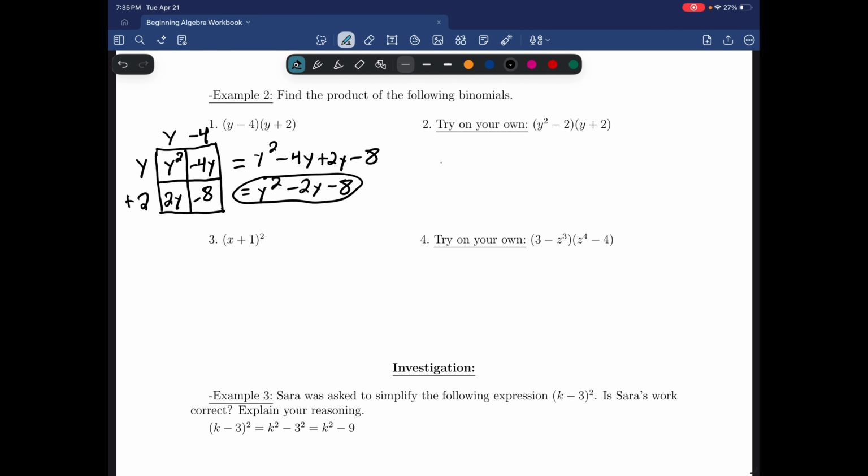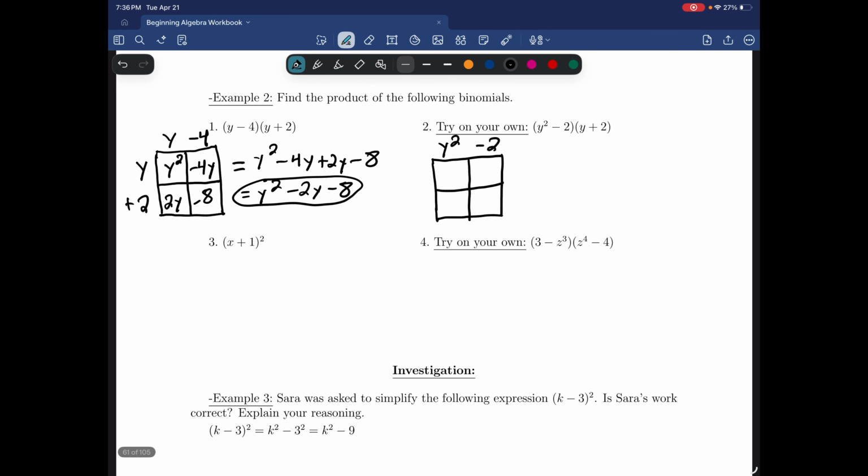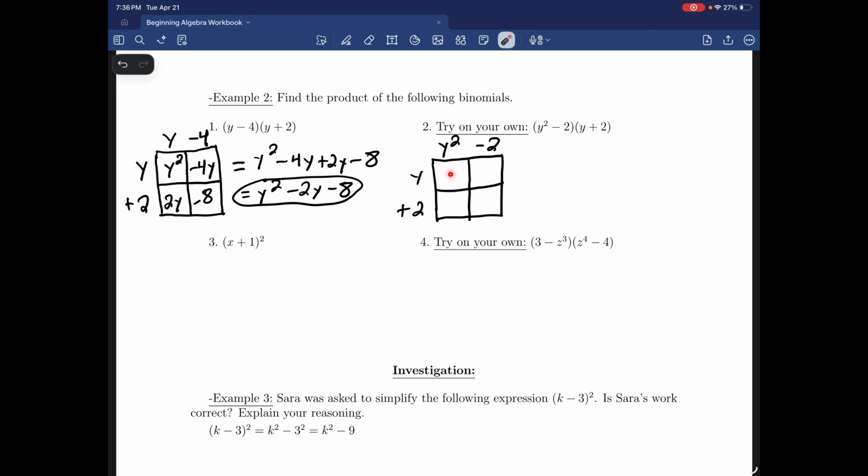Okay, so as always, first step, draw a box. I'm going to bring this binomial, y squared minus 2, up top. So we have y squared and then minus 2 over here. And I'm going to carry along that y plus 2 on the side. Now for this box, we're going to do y times y squared.